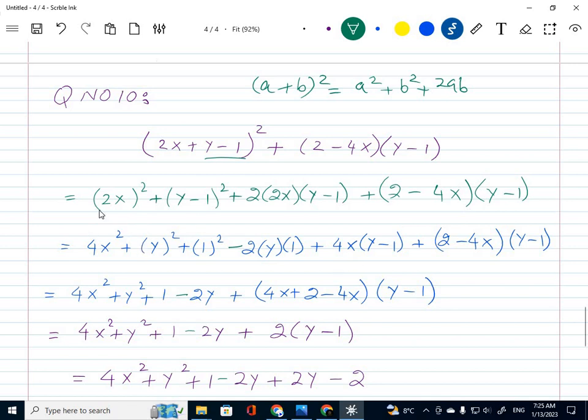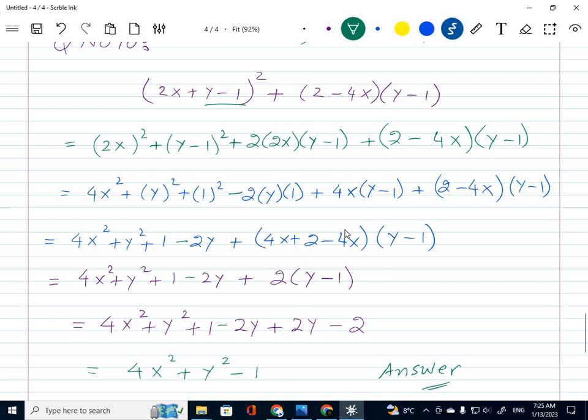Now we can simplify. (2x)^2 becomes 4x^2 and (y - 1)^2 is expanded here: y^2 + 1^2 - 2 times y into 1, and 2 into 2x is 4x into (y - 1).